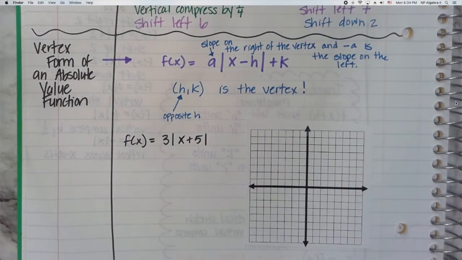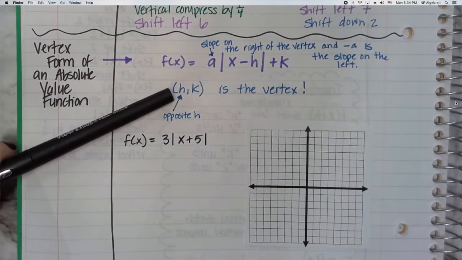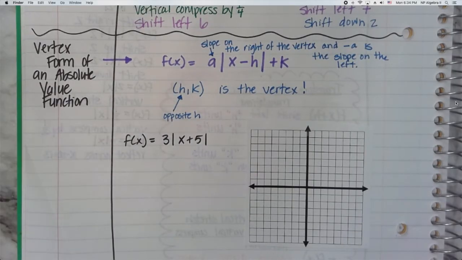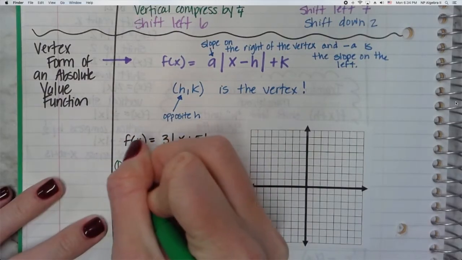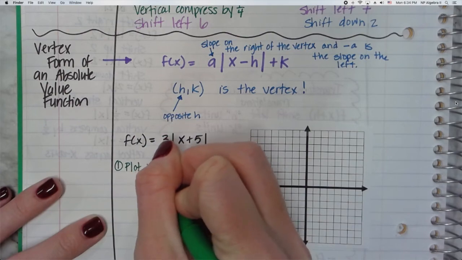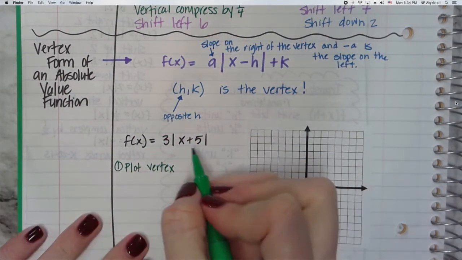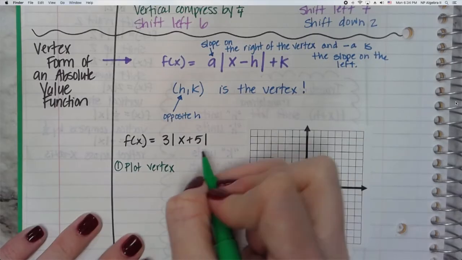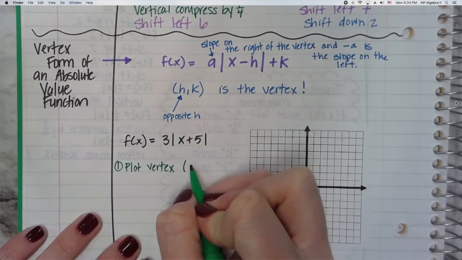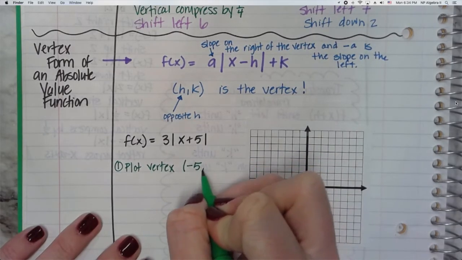Okay, remember, opposite h, comma, k, that is the vertex. So the first step, we want to graph the vertex. Step 1, plot the vertex. The vertex here is opposite h, negative 5, comma, k.